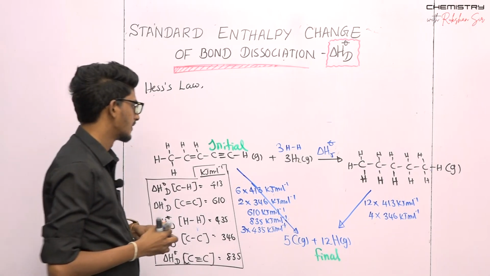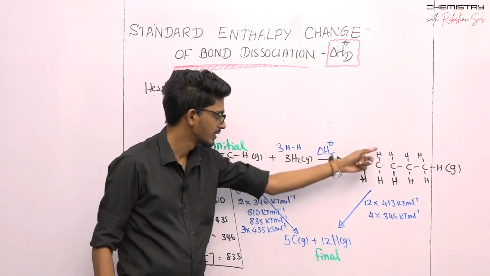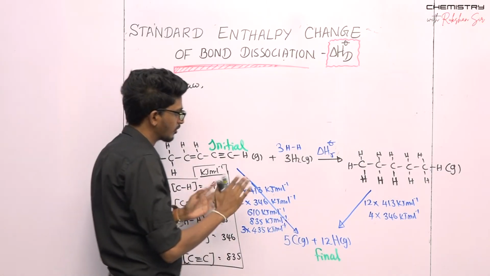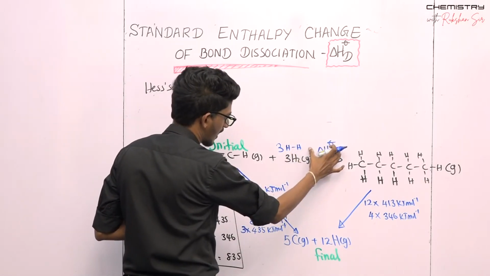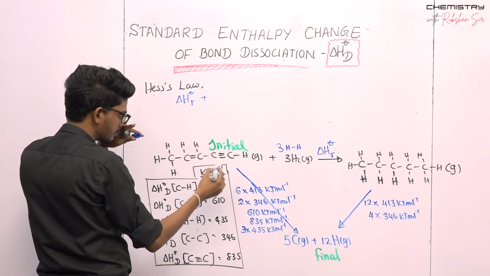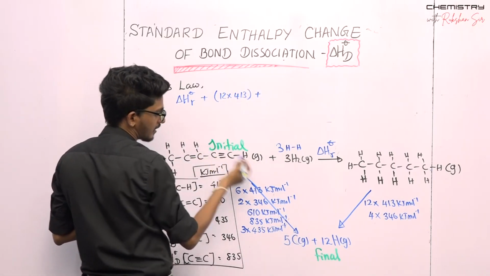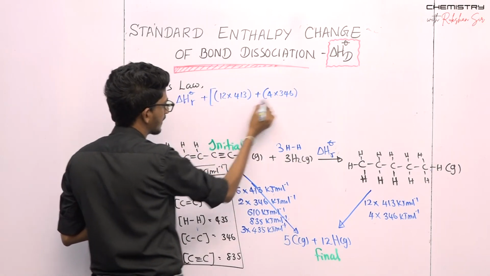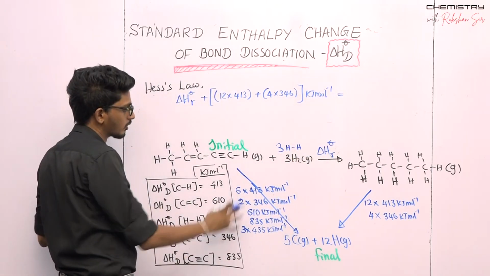So there are two routes to go from the initial to the final state. This is one route, and this is the second route, right? The enthalpy change of those two routes will be the same. That is what Hess's law says. So delta H naught R plus this, that is the total enthalpy change of the first route, right? The total enthalpy change of the first route will be equal to the total enthalpy change of the second route.